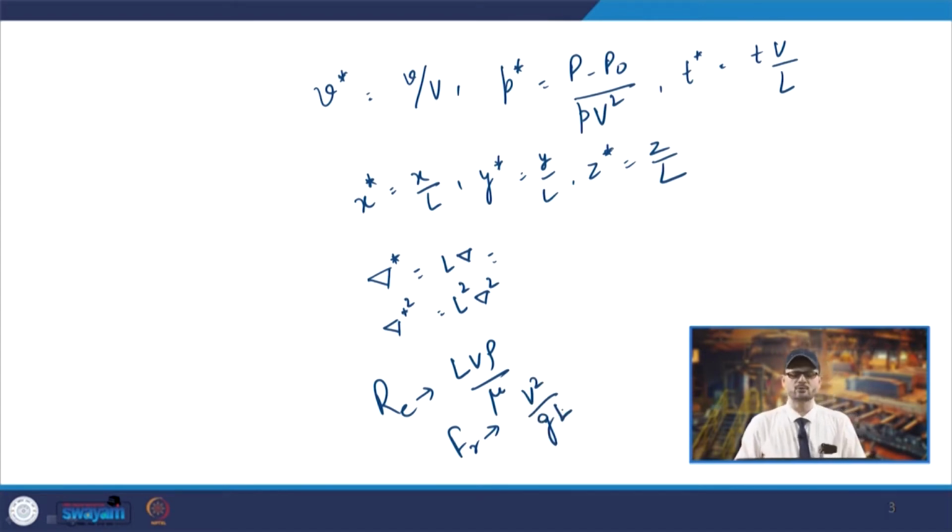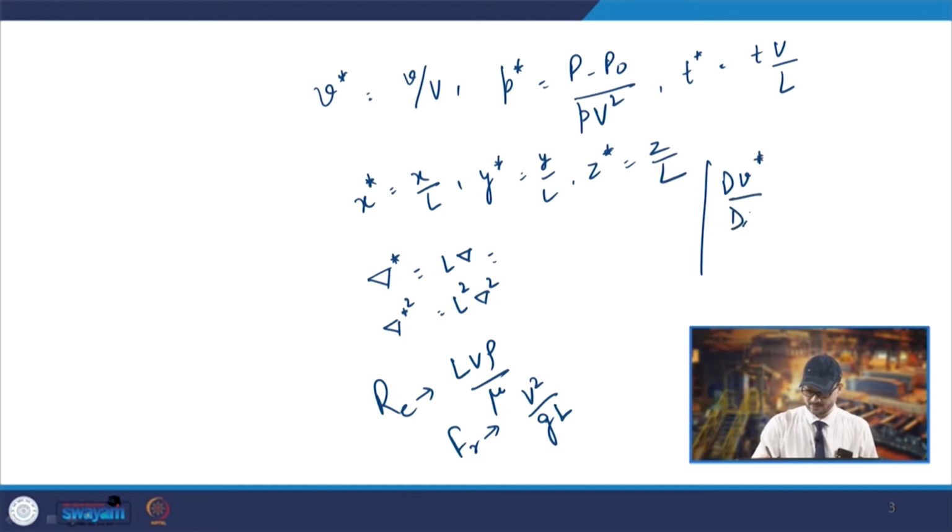So, this is the use of non-dimensionalizing. On both sides, you get an expression like dV star by dt star, which will be minus grad star P star.